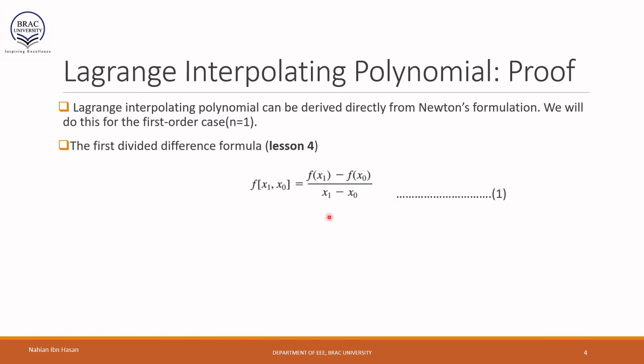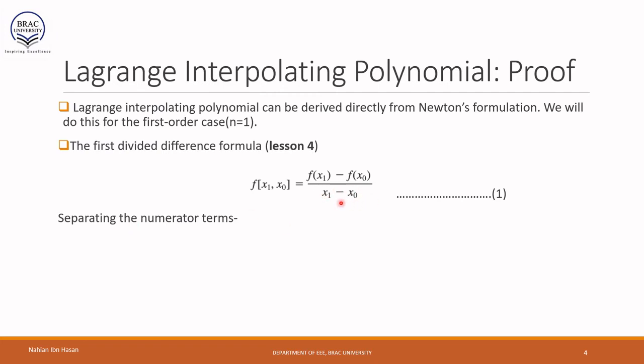So this is the first divided difference formula, which we denote as a function of two variables. If you see, in the numerator we have f of x1 minus f of x0, and similarly in the denominator we have x1 minus x0.